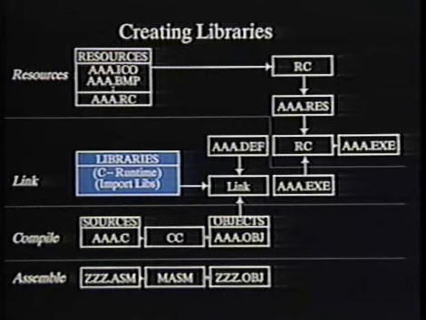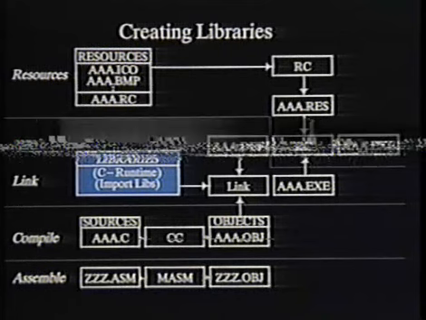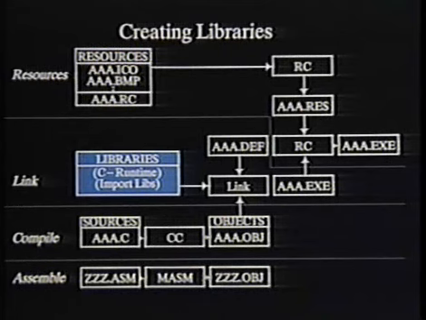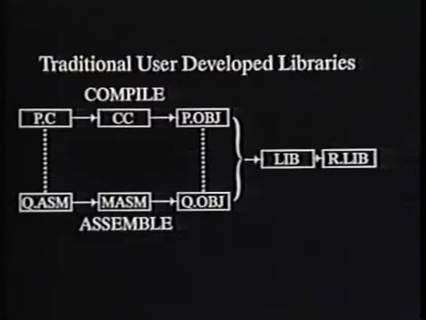We have libraries that we can create ourselves, user-defined libraries. And of those user-defined libraries and the ones that we can purchase from the outside eventually, they can be of two forms. They can be the traditional libraries, or they can be dynamic link libraries. So let's look first at the traditional libraries.